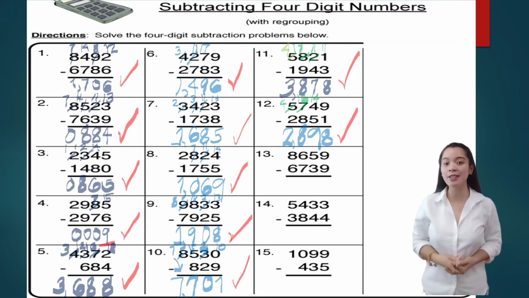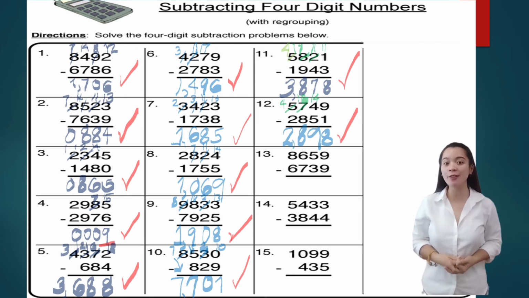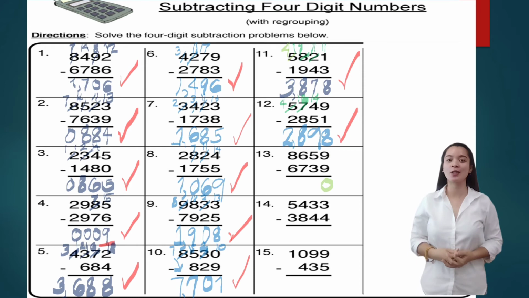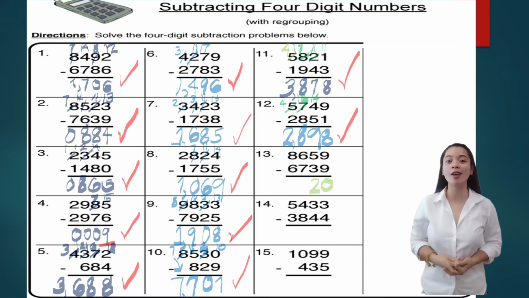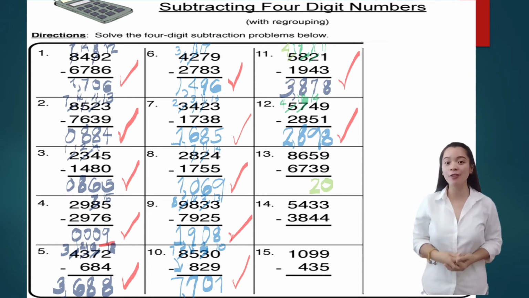minus 6,739. So we have 9 minus 9 equals, very good, 0. And then we have 5 minus 3 is equal to 2. 6 minus 7 cannot be, so let's borrow from, okay, 8. 8 becomes what?